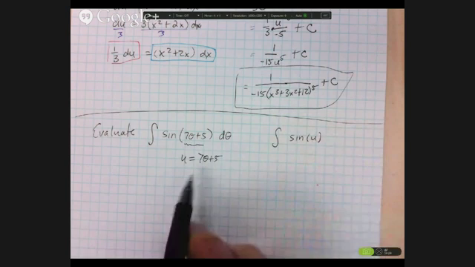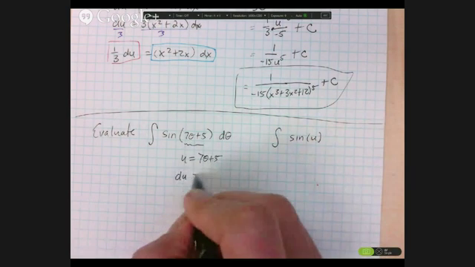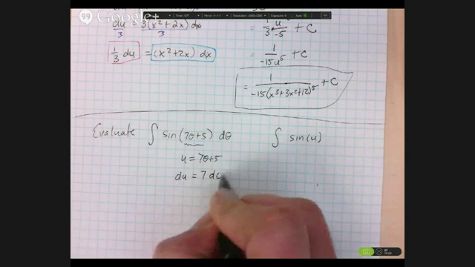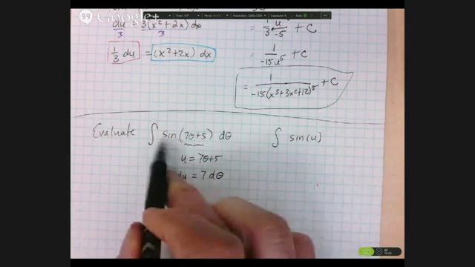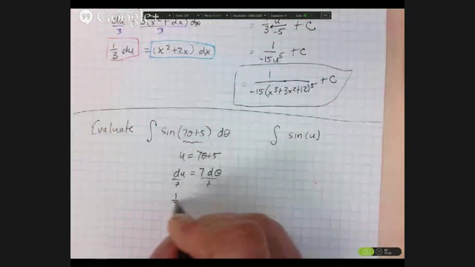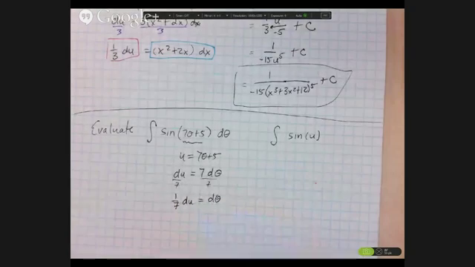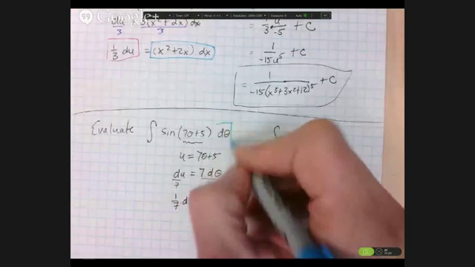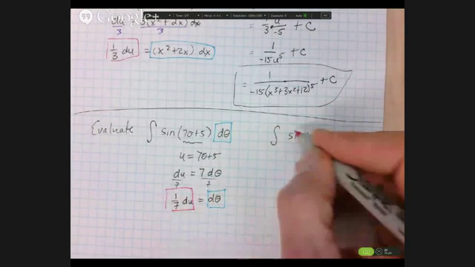What's the derivative of that? Is there a 7 out here anywhere? No, so we're going to divide it out. Now, d theta gets replaced by this.